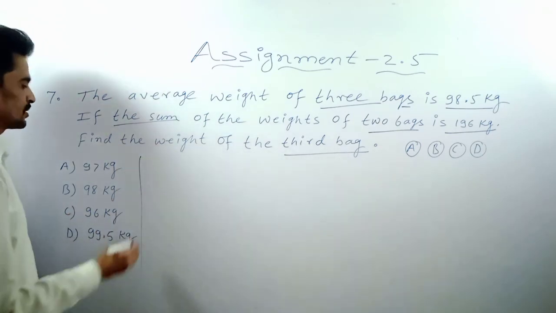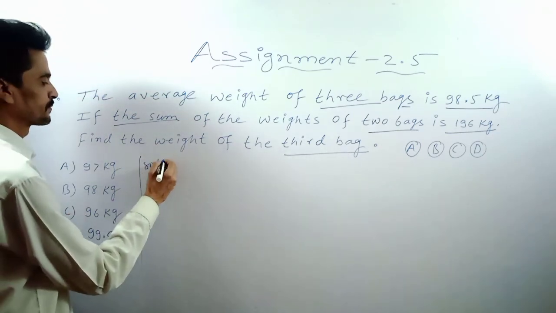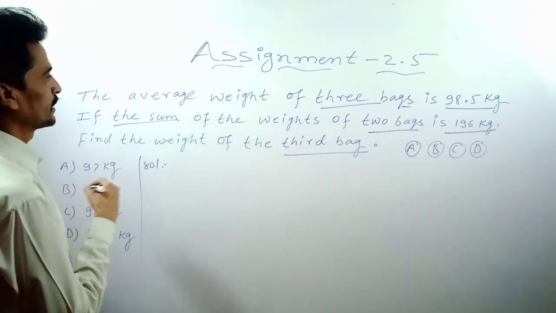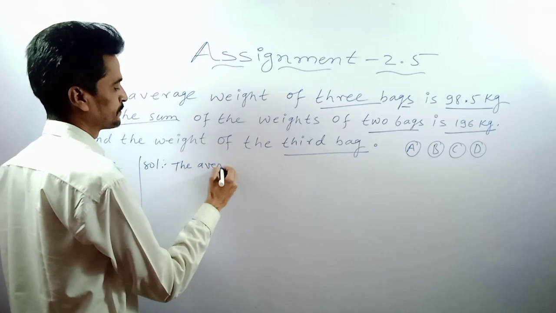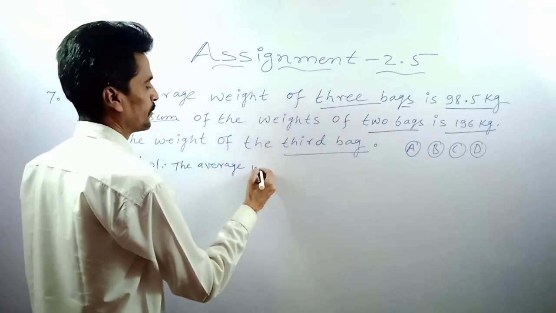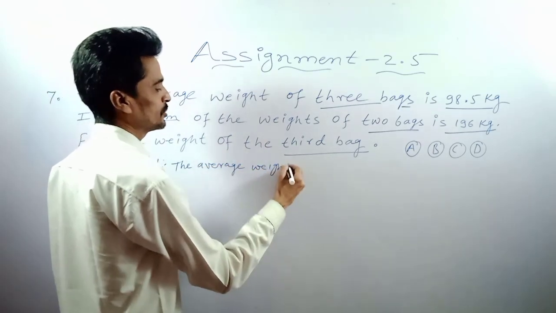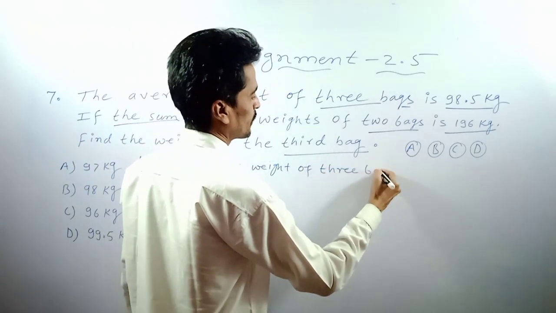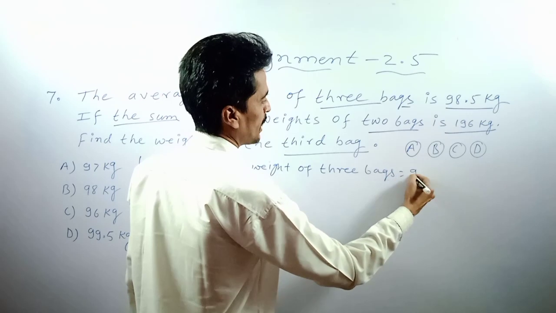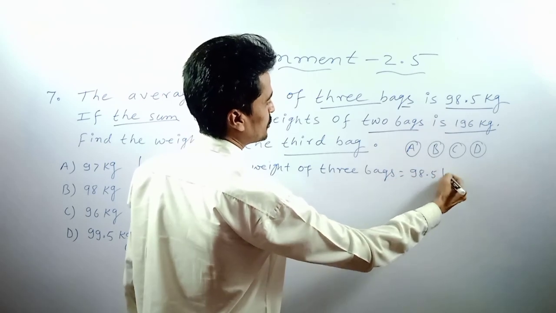Same as like that. Solution given: the average weight of 3 bags is 98.5 kg.